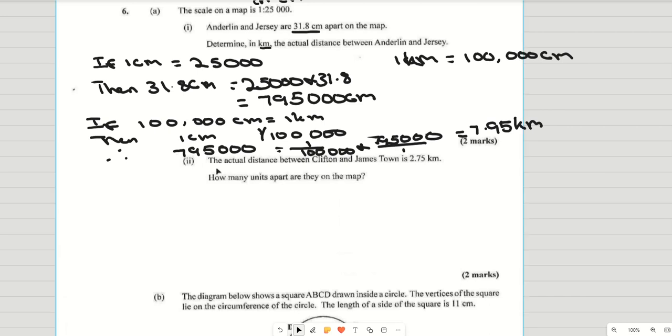Now, let's look at part 2. The actual distance between Clifford and Jamestown is 2.75 kilometers. How many units apart are they on the map?